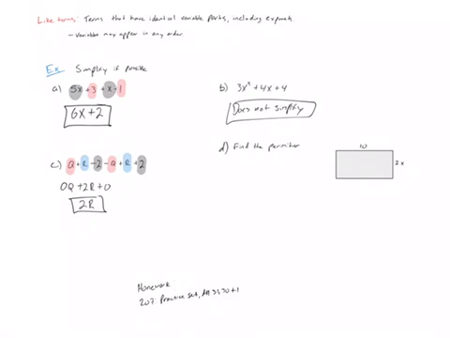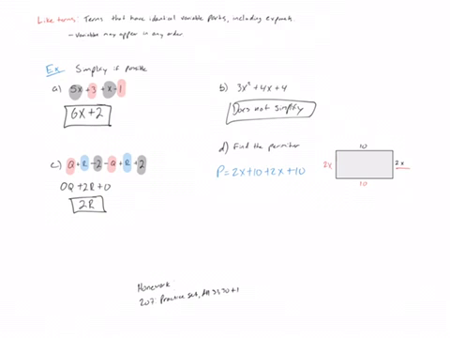Alright. Part D says, find the perimeter of this shape. And since this is a rectangle, since this side is 2x, I'm going to know this side is 2x. Since the top is 10, I'm going to know the bottom is 10. And to find the perimeter, I just have to add up all the sides. So to find the perimeter, I'm going to say 2x plus 10 plus 2x plus 10.